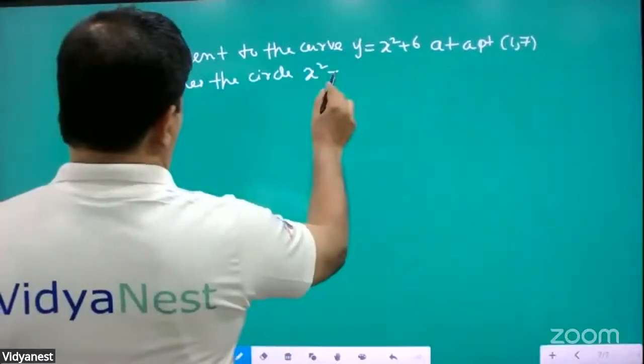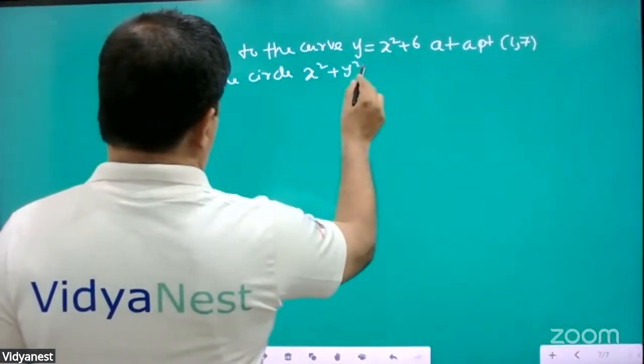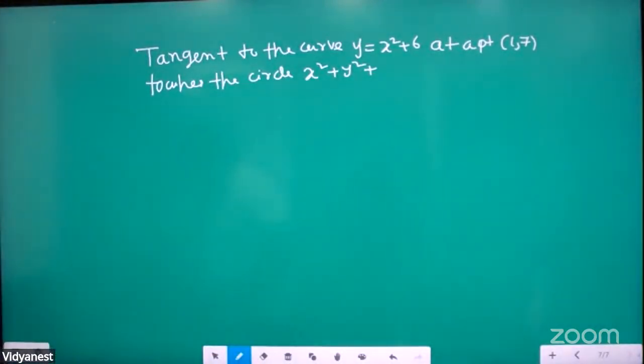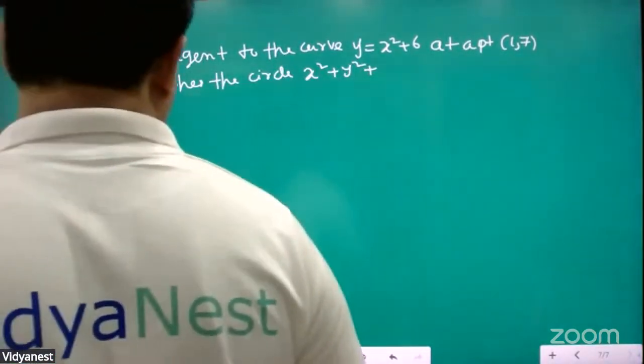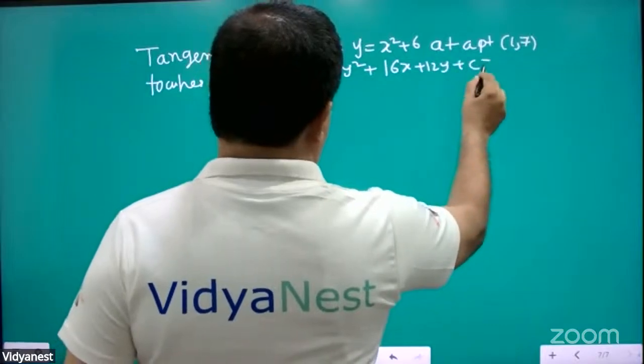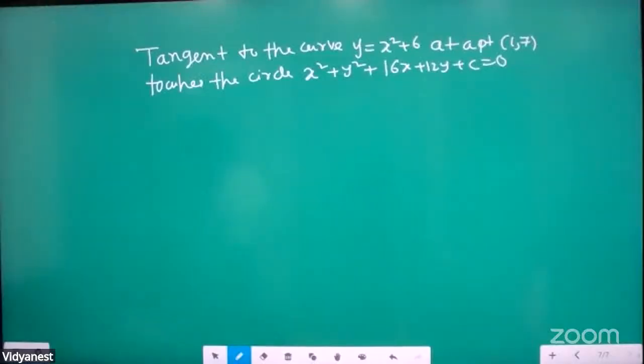So this is a combination of parabola and circle: x square plus y square plus 16x plus 12y plus c is equal to 0. Okay? At a point Q.